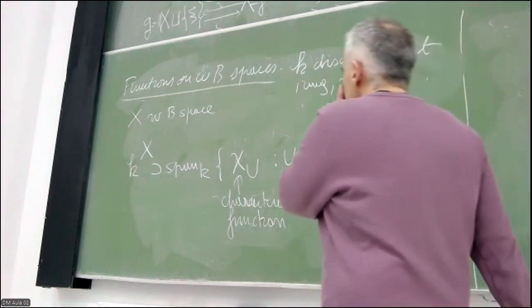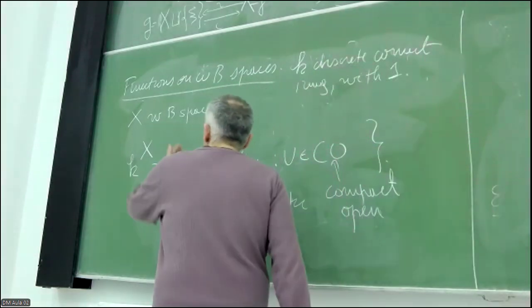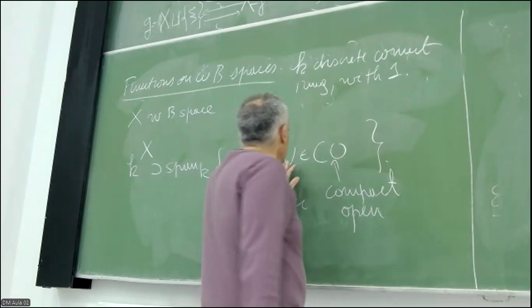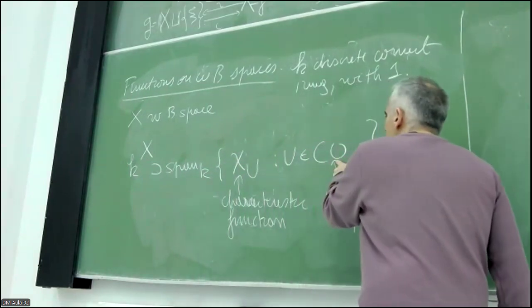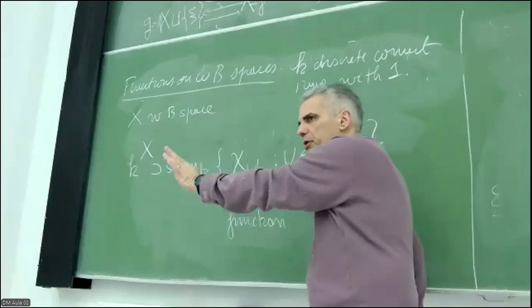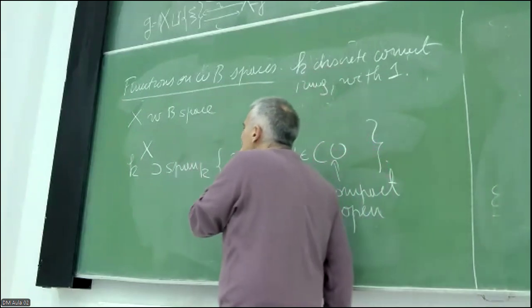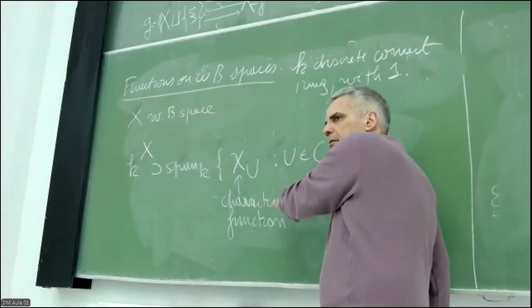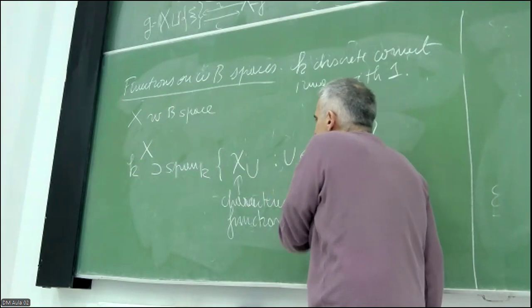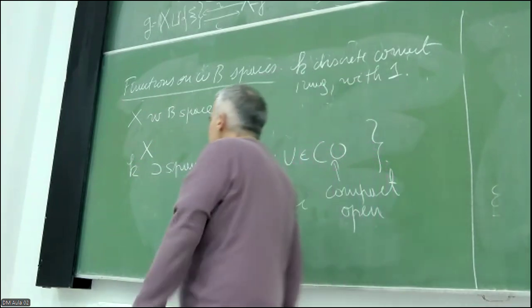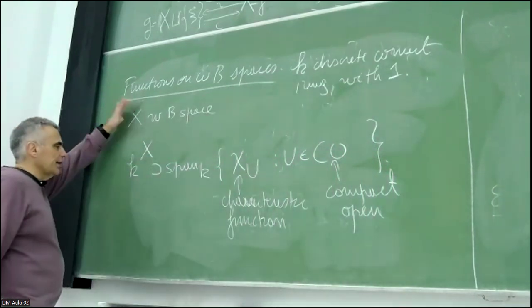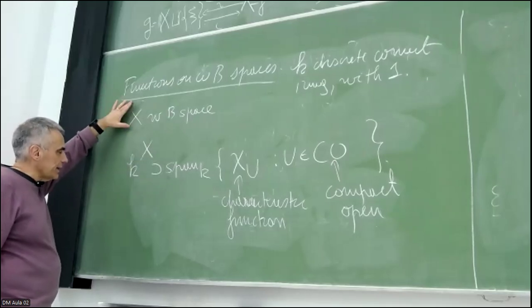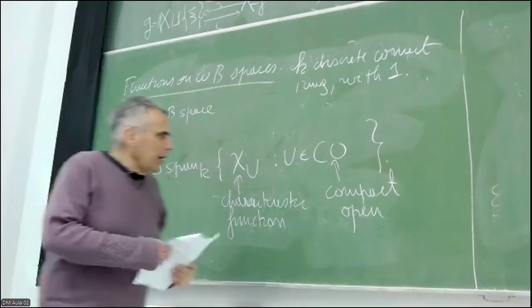So notice that our hypothesis that X is weakly Boolean says that these U's, the compact open ones, form a basis of the topology. If you take a nice space X, then this set might be empty, or have just the characteristic function of the empty set. You can always consider this for any space X, but it's interesting only when X is at least weakly Boolean. Okay.